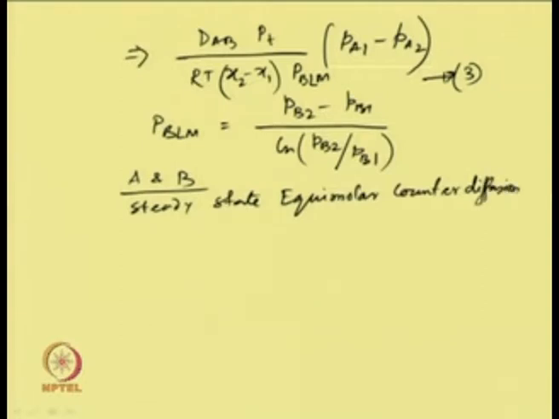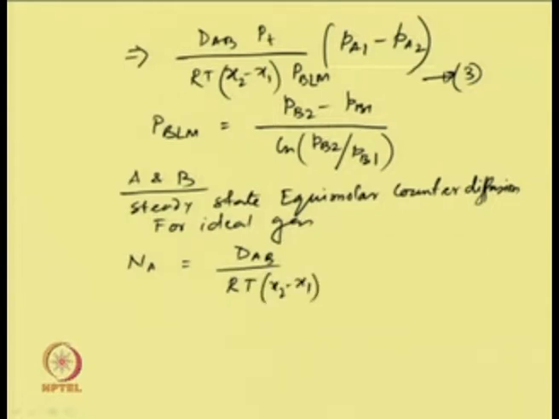So, in this case, for ideal gas, we have seen the flux Na is equal to dAB by RT x2 minus x1 into the partial pressure difference PA1 minus PA2.